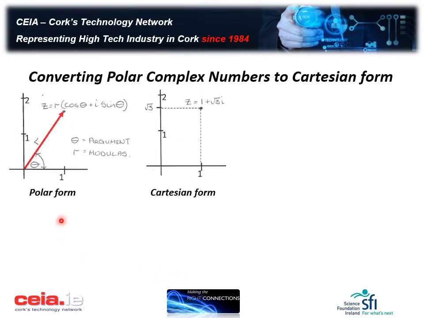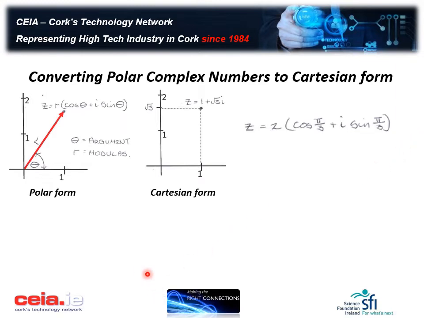So we also want to know how to do the reverse, that is converting polar complex numbers to Cartesian form. So let's reverse the process that we did in the last slide and convert z is equal to 2 times cosine pi over 3 radians plus i sine pi over 3 radians to Cartesian form. It's basically a one-step process.